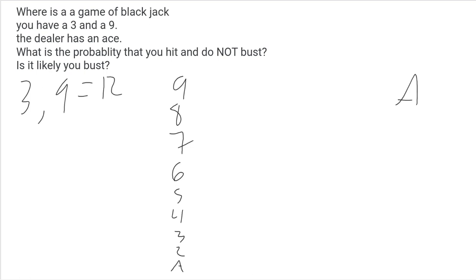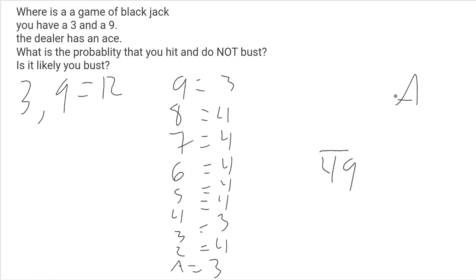Okay. One of the aces was taken by the dealer, so there's only 3 aces left. There are 4 2s left. We have one of the 3s, so there's only 3 3s left. 4 4s, 4 5s, 4 6s, 4 7s, 4 8s, and we have one of the 9s, so there's only 3 9s left. So there's a total of 49 cards left in the deck, and then we add up all the possibilities that are good for us.